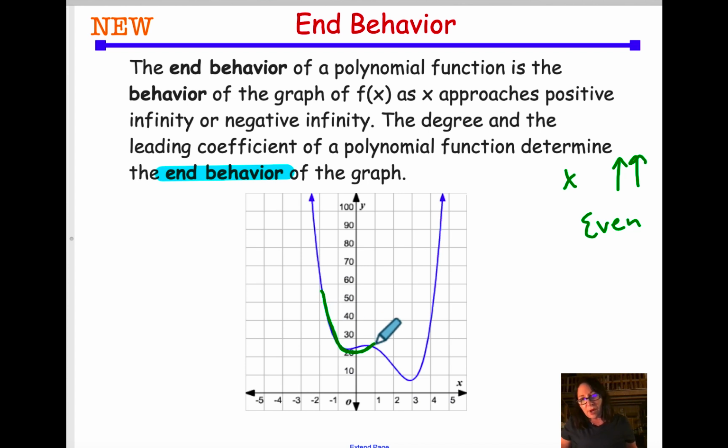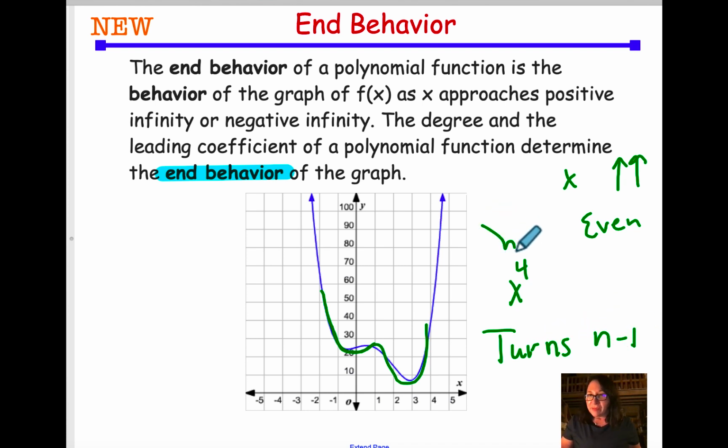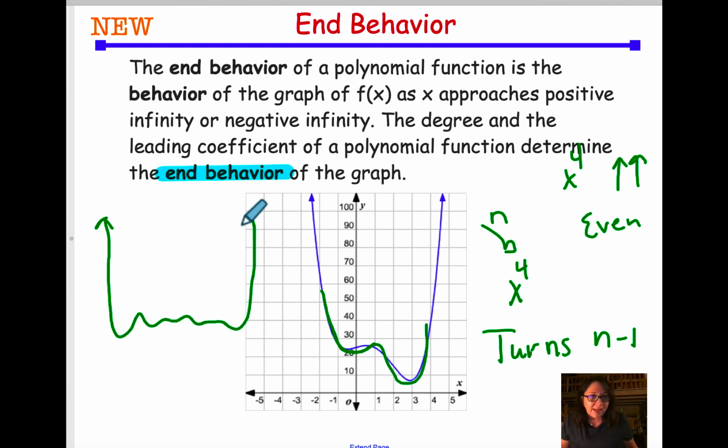So if I turn once, twice, 3 times, if this was x to the 4th, in order to find my actual turns, that's going to be n minus 1, and this meaning that's n. So this does look like it is an x to the 4th power. However, it is very likely that your graph is going to do something like this.